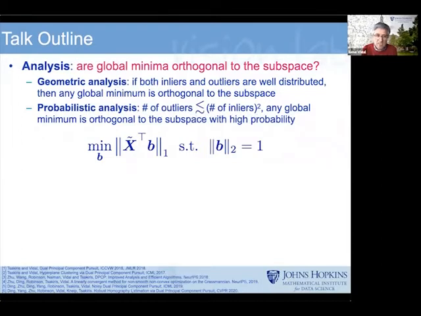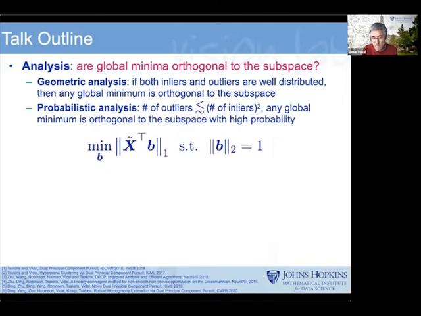I'll present a geometric analysis that essentially says that if the inliers and outliers are sufficiently well distributed, then any global minimum to this problem is orthogonal to the true subspace. But that's just going to be a geometric analysis, effectively characterizing the landscape of this optimization problem, not yet any algorithm that would actually find the global minimum.